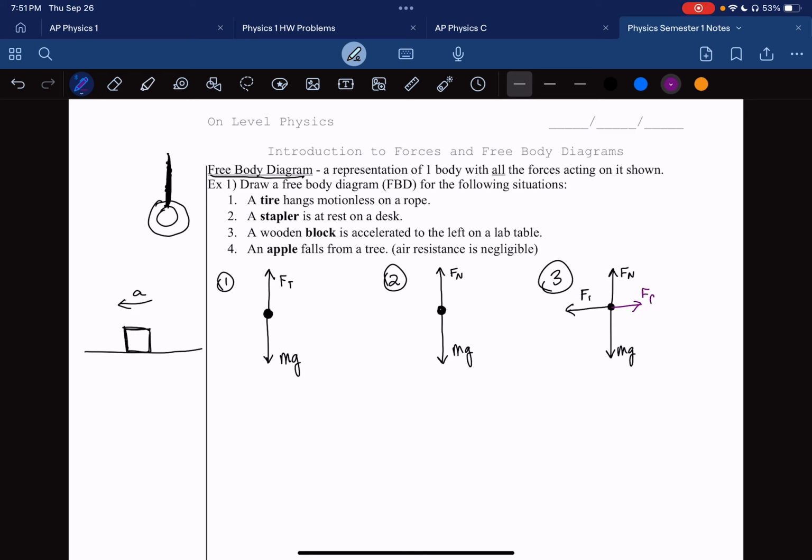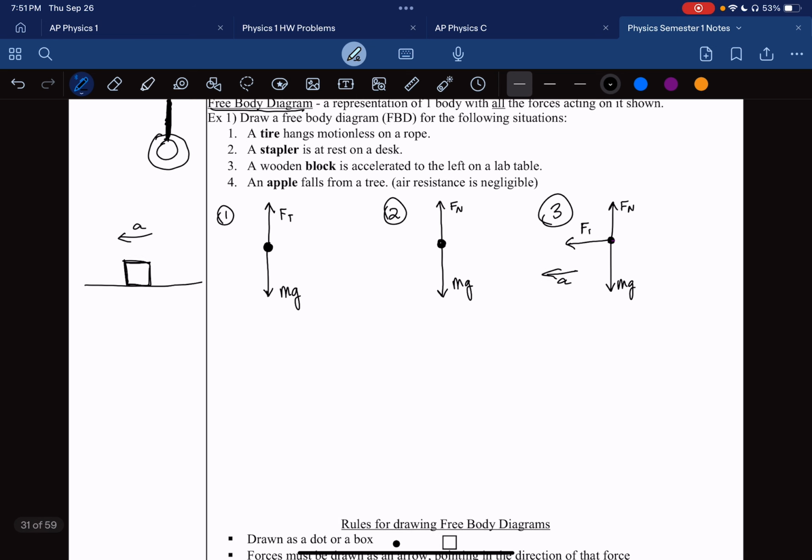So this would be a friction force. You must draw this less than F1 because there needs to be an overall force giving it an acceleration to the left. That's if it has some friction there. Otherwise, we just leave it off, something like that.